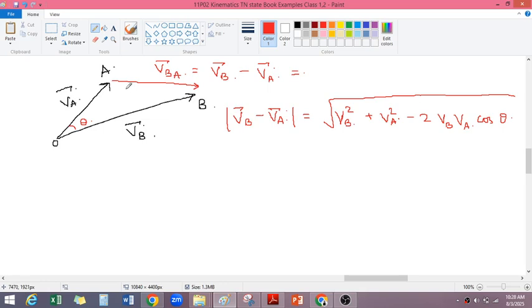Similarly, the angle between A and B, tan alpha with respect to the first vector, is equal to B sin theta. The formula I remember is B sin theta divided by A minus B cos theta.